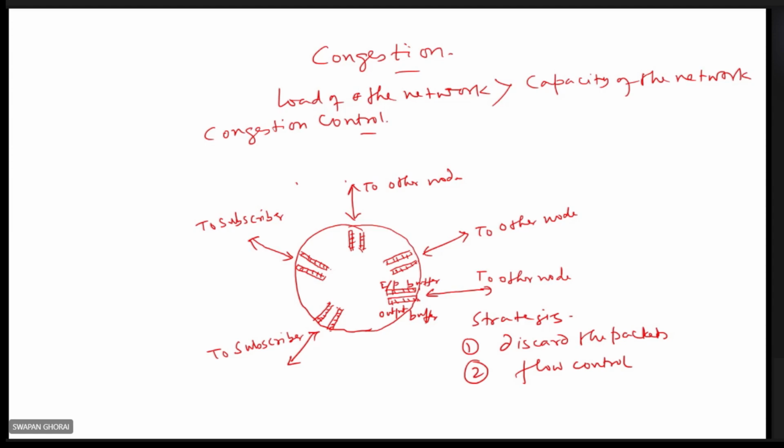Now consider the ideal situation, the ideal performance. In ideal performance, if the load increases, throughput will increase. This is the maximum capacity.